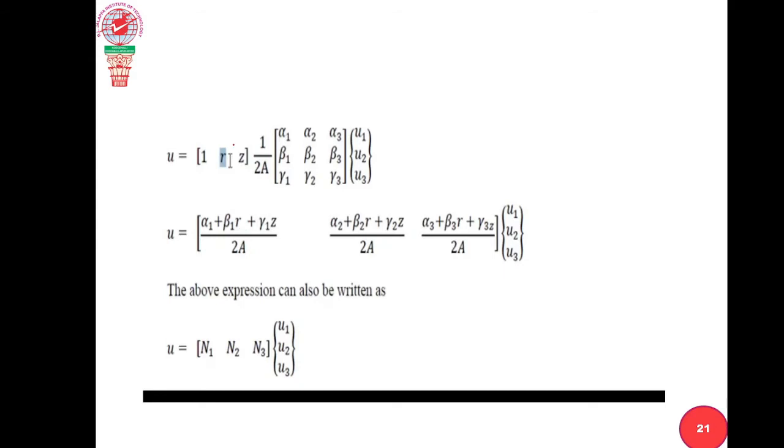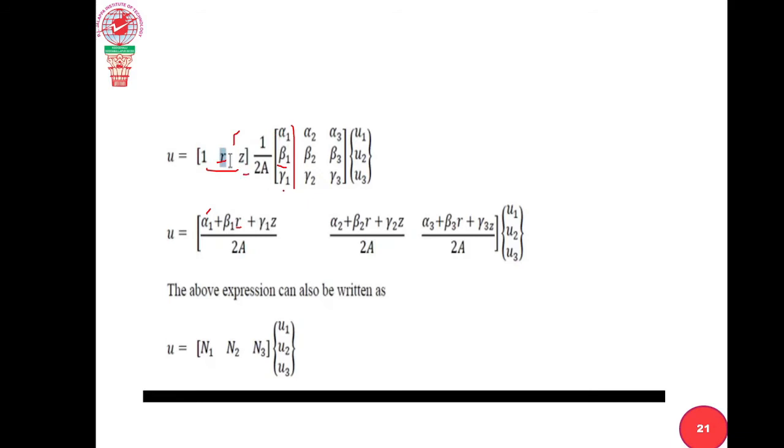Next step is you multiply this matrix. Multiply this row into this column, divided by 2A. What is the first row, first column? Alpha into 1, alpha 1. Next, R into beta 1, R beta 1.